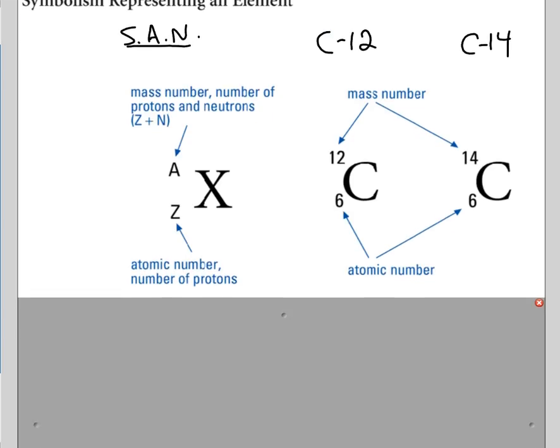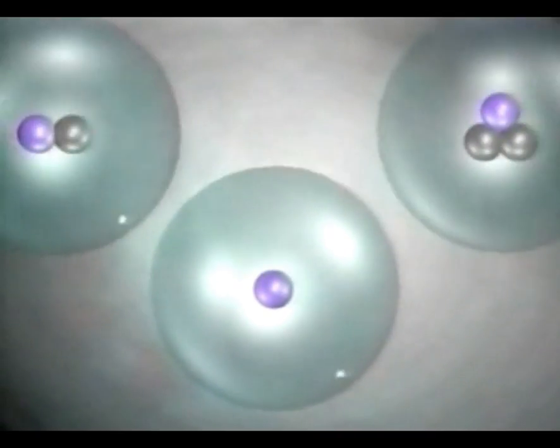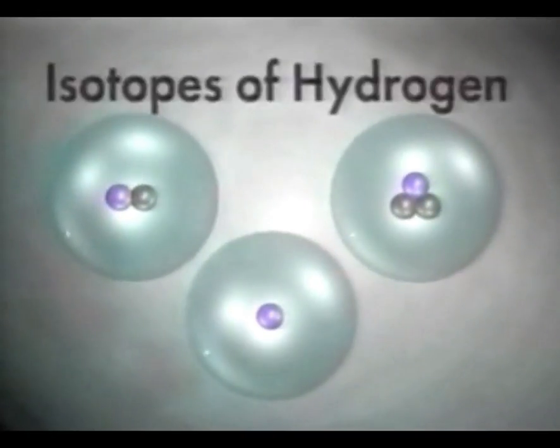Let's get a couple of definitions recorded here. Let's get out a definition for isotope. All atoms of the same element have the same number of protons, but may vary in how many neutrons they have. Atoms having the same atomic number but a different mass number are called isotopes. Hydrogen has one proton and no neutrons.